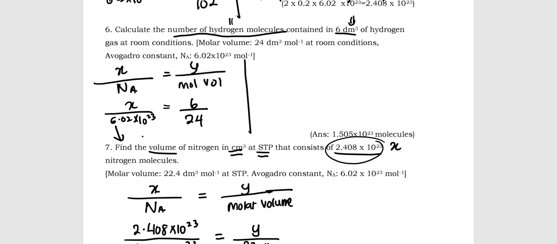Okay, this one number of hydrogen molecules, so easy. X is equal to 6 times 6.02 times 10 to the power of 23, and then divided by 24.